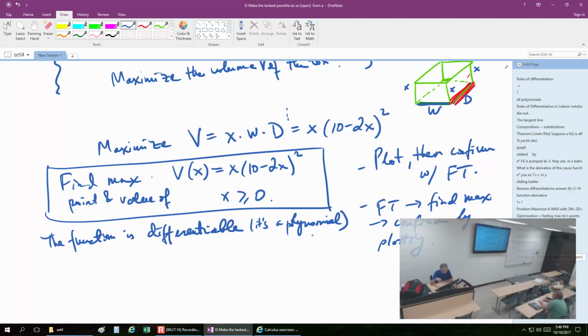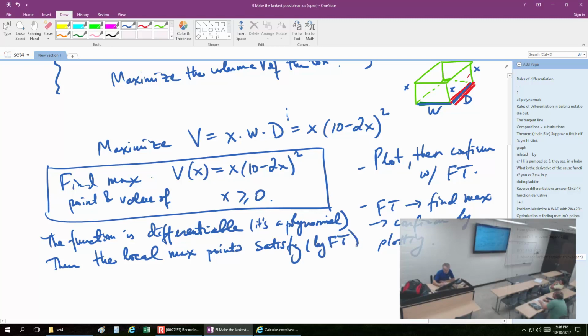It's differentiable at every single point, so it has a derivative, and then the local max points satisfy, by Fermat's theorem, V prime of x equals 0. Okay, so that's the explanation of what we're doing.